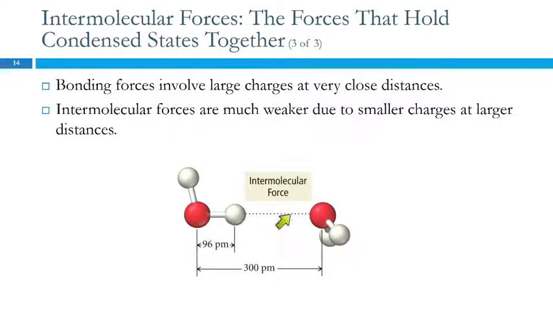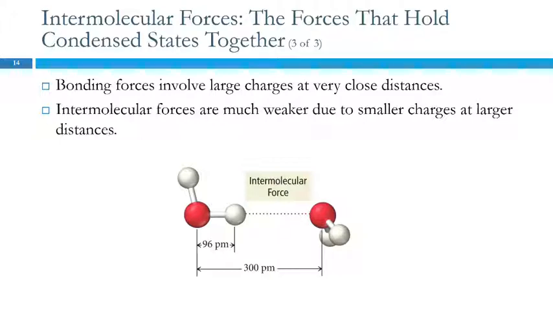Intermolecular forces occur over a larger distance. So they happen between molecules, and so the distance between molecules might be 300 picometers, so 3 times the distance. That means that the forces are going to be much lower.